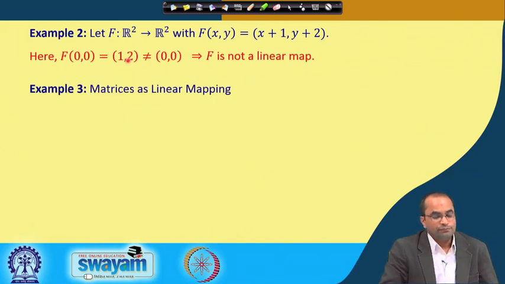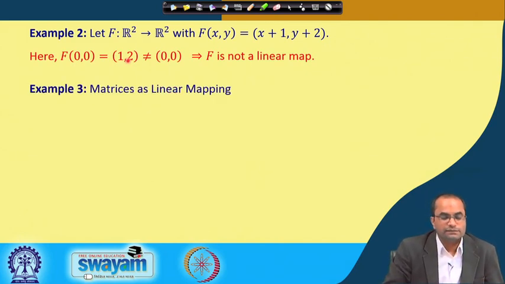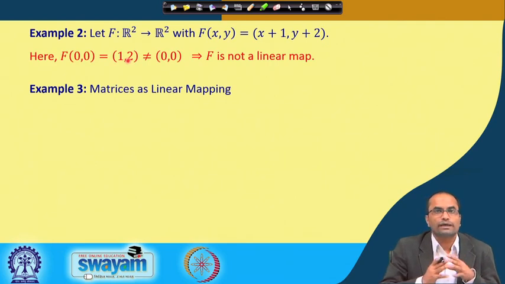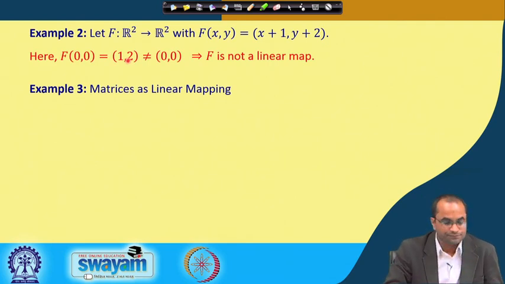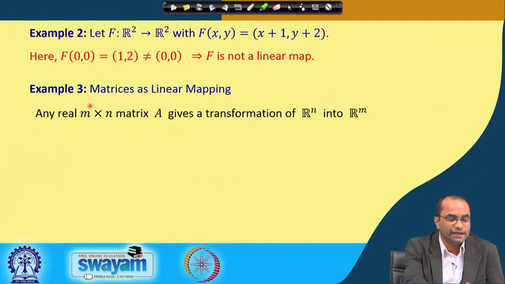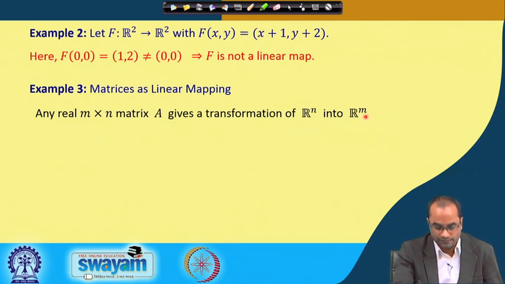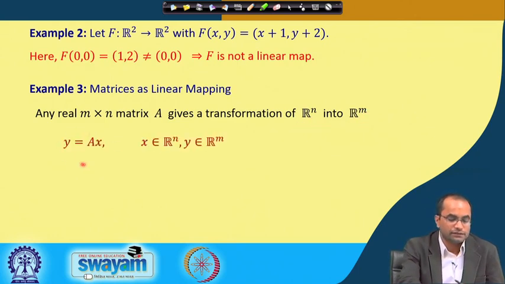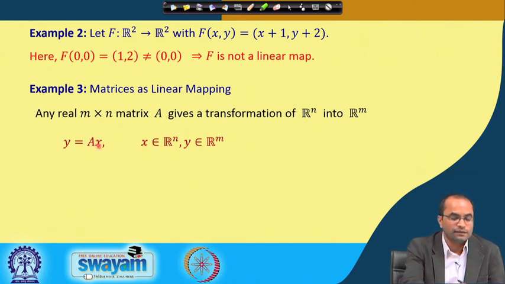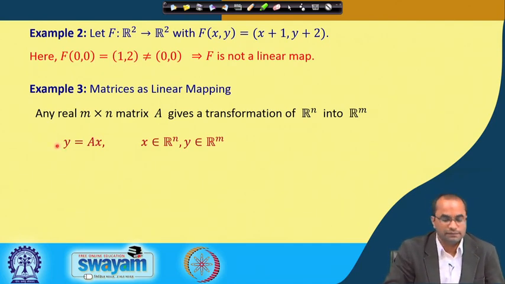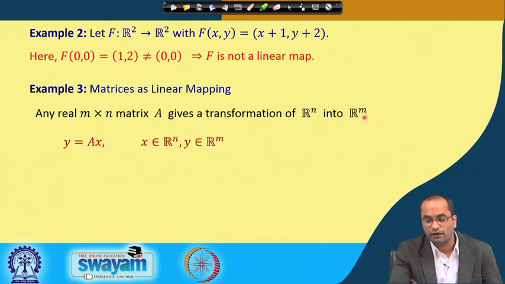So, another very important example: we will see that matrices are also like linear maps. We take any m cross n matrix A, and A is the transformation from R n to R m by this rule: if we multiply A with x, where x is an element from R n, then we get an element in R m.